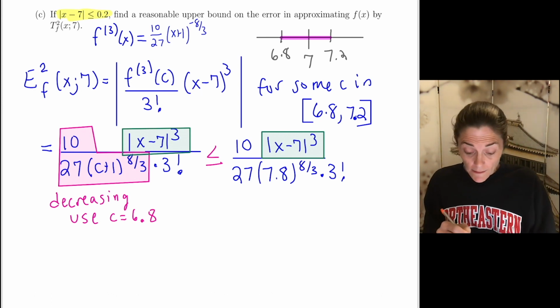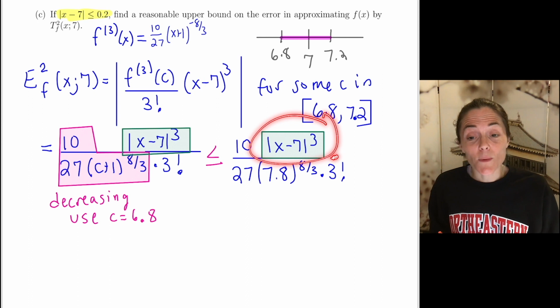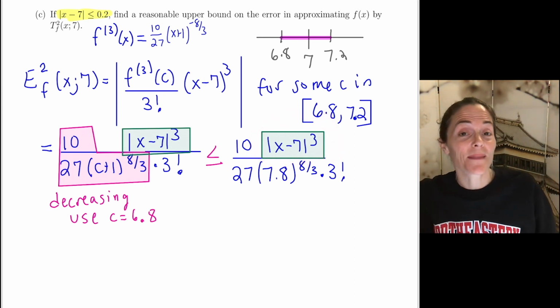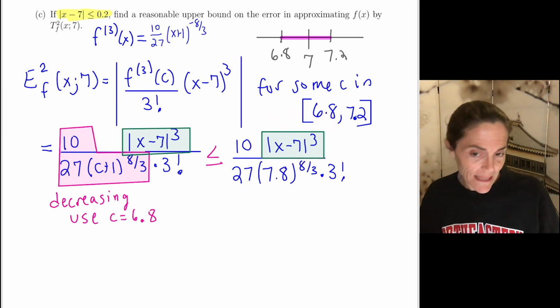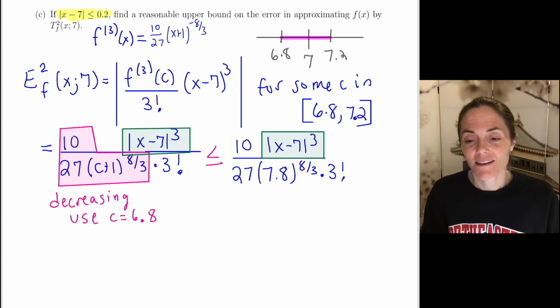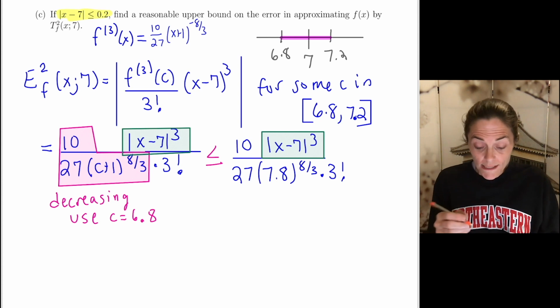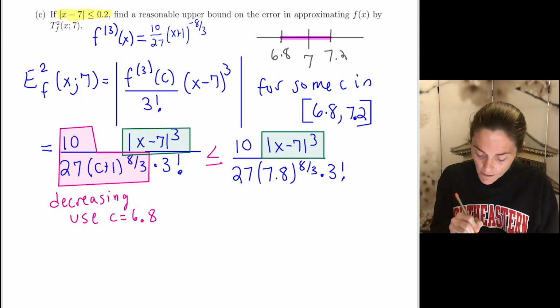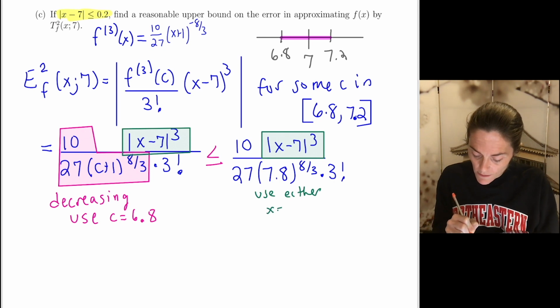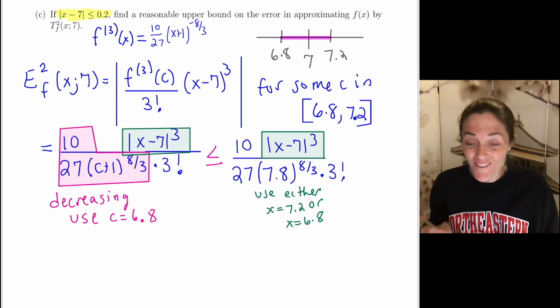Well, just like I said in the last one, now we want to move as far away from the center as possible to make the absolute value of x minus 7 cubed as big as we can on this interval. And once again, this can really happen at either endpoint. So we'll use either 7.2 or 6.8. Okay, they're both 0.2 away from the center.